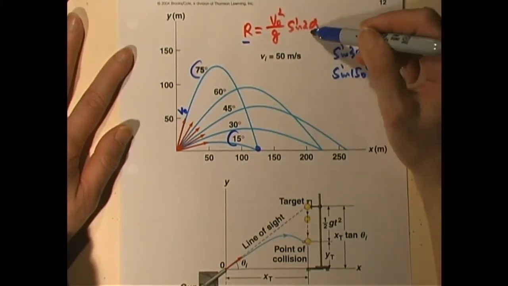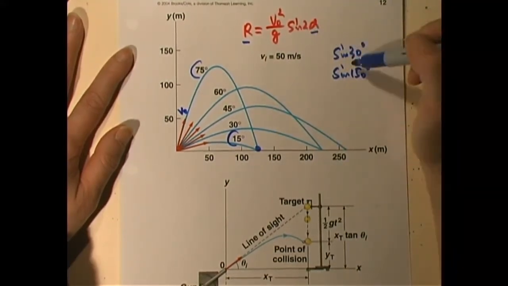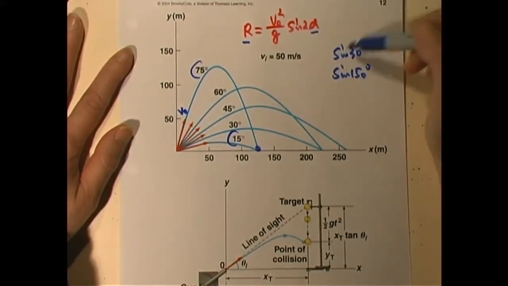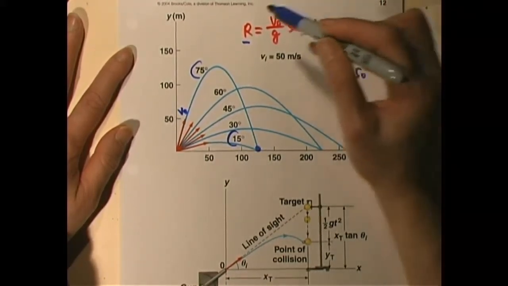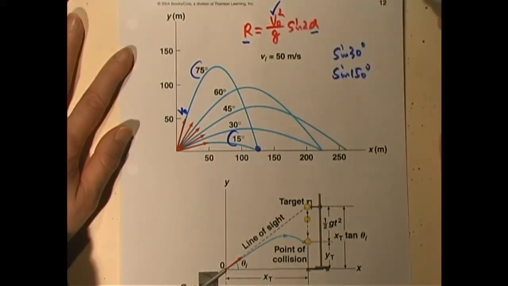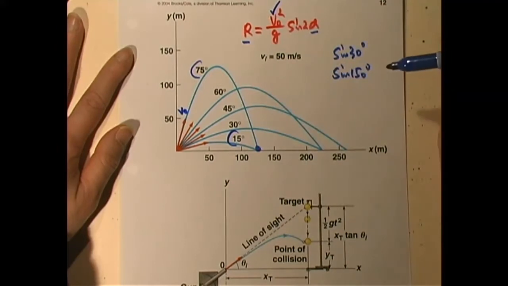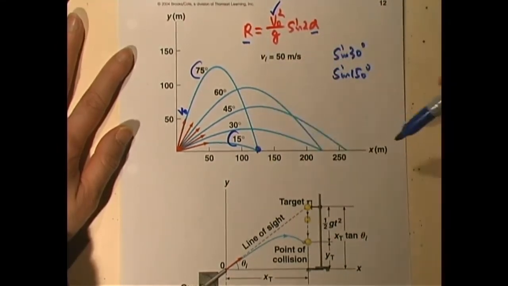Because when alpha is 15, we get sine 30. When alpha is 75, we get sine 150. That comes out the same value. So as long as this v initial is the same, when we shoot 75 degrees or 15 degrees, we hit the same spot.